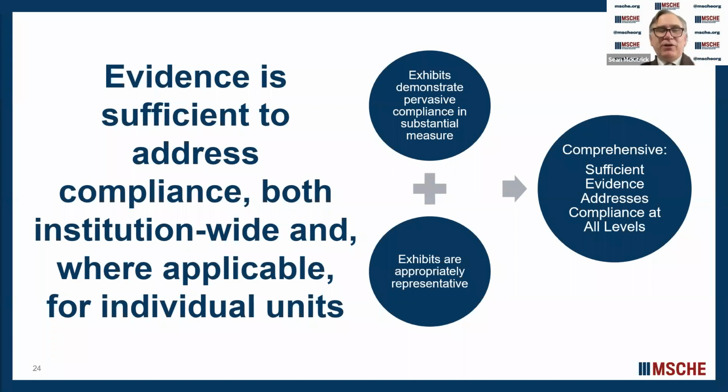That is, it is pervasive enough across an institution, both at institutional and unit levels, to lead one to reasonably believe that an institution complies with commission expectations in substantial measure.